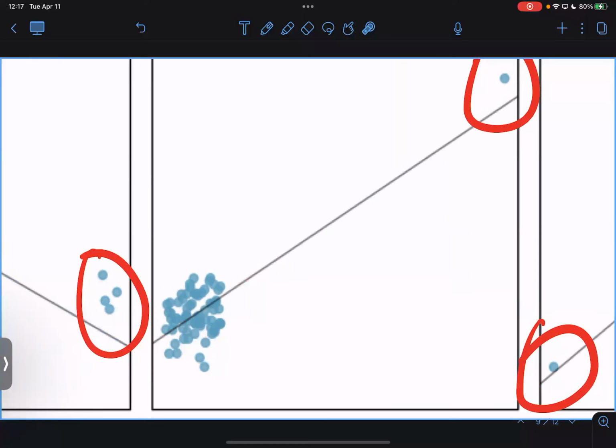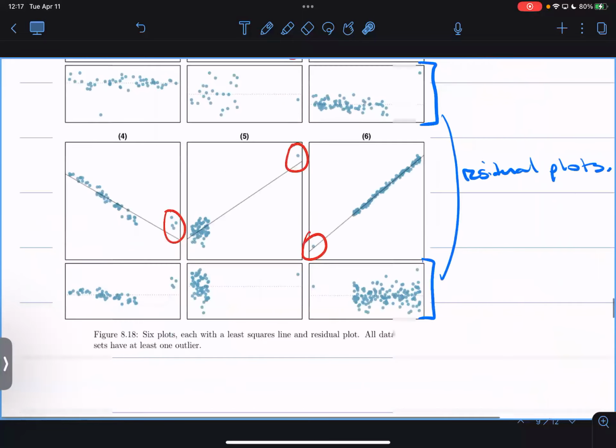So without this outlier pulling the line towards it, there would be no relationship here. If we weren't careful, we would say, oh yeah, there's a super strong relationship between X and Y because I have this strong slope. But that's not the case. What's happening is the outlier is pulling that line towards it.